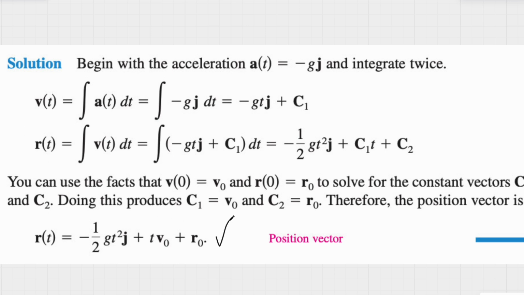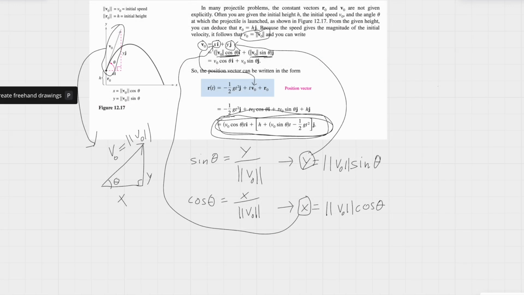And this is a solution, and we did manage to get the correct answer. So basically, to get to here, we draw a right triangle with the initial velocity as the hypotenuse, and we can use trigonometry to relate x or y with the angle and the initial velocity.